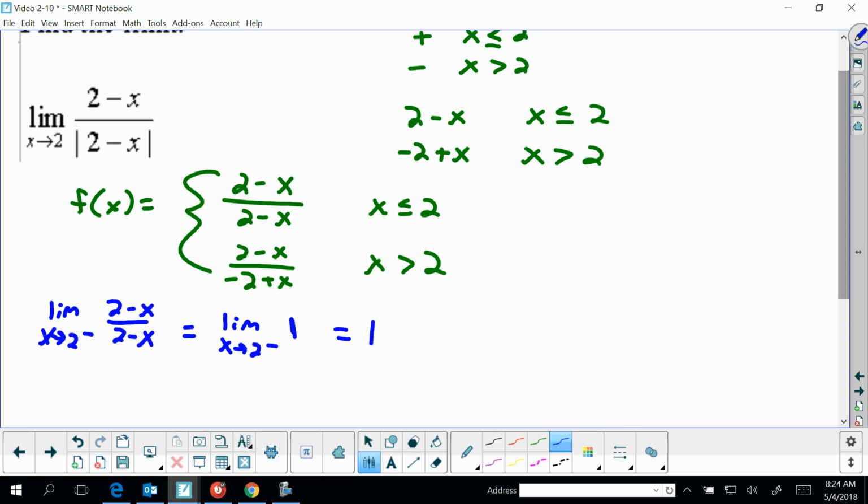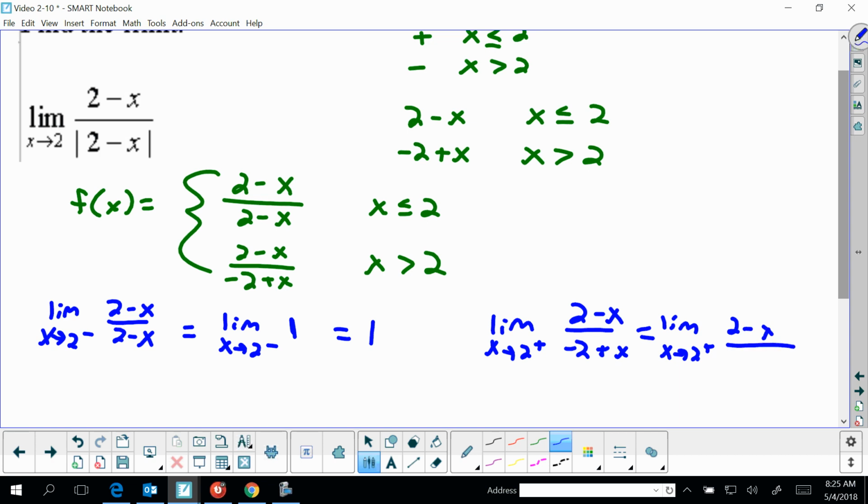Now when we do our limit as x approaches 2 from the right, we'll use the bottom. We'll have 2 minus x over minus 2 plus x. Well, on the bottom, we can pull out a -1. And that would give us -1 times 2 minus x. Now notice the 2 minus x's match up.